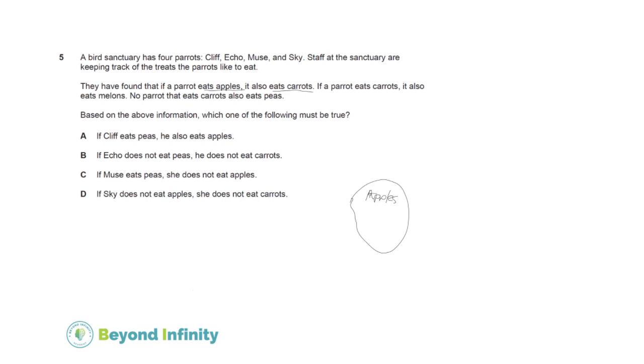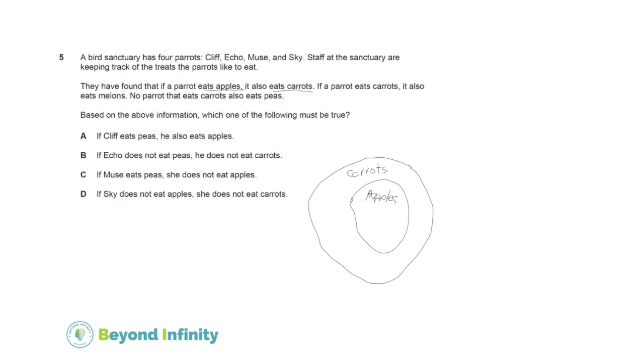That means that all of the parrots that eat apple also eat carrots. So the circle that encloses every bird that eats carrots would be here. It will enclose all of the apples because every parrot that eats apple also eats carrots.